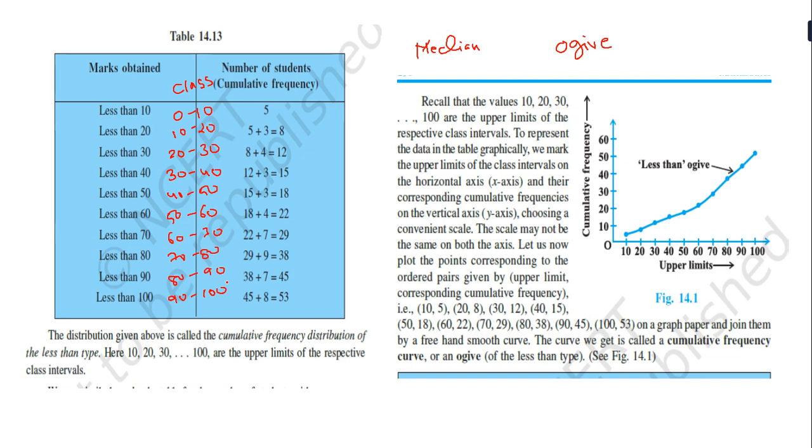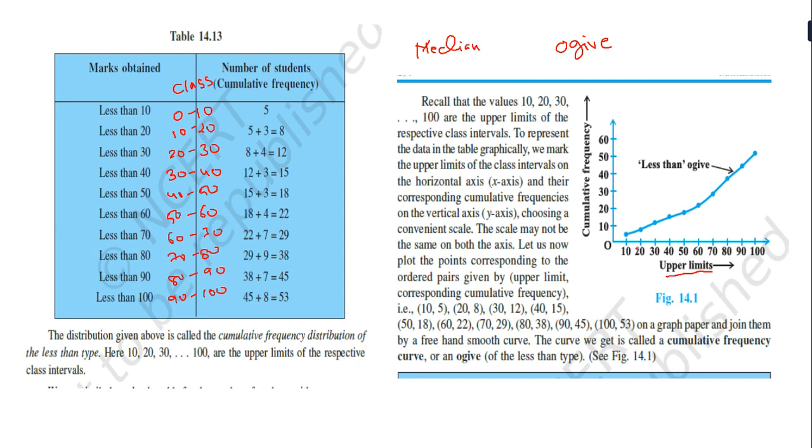So when it is a less than type ogive, and classes are given 0 to 10, 10 to 20, up to 90 to 100, what do I have to take? I have to take the upper limit on the x-axis: 10, 20, 30, 40, 50, 60, 70, 80, 90 and 100.